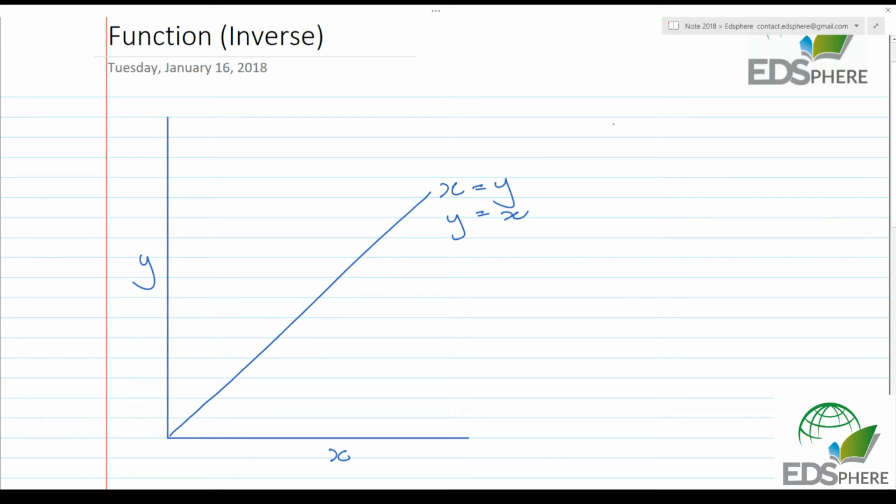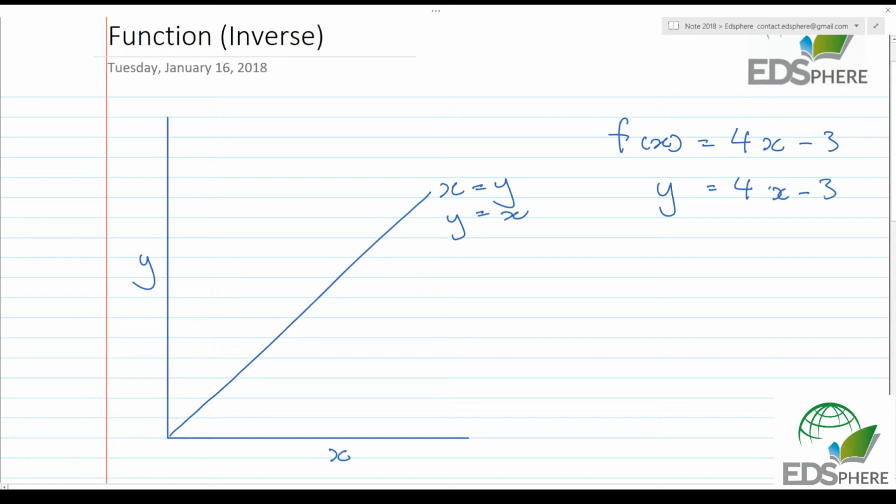So if I have a function, let's just draw one. f of x equals 4x minus 3. In my head, this is just like a regular equation, which is y equals 4x minus 3.